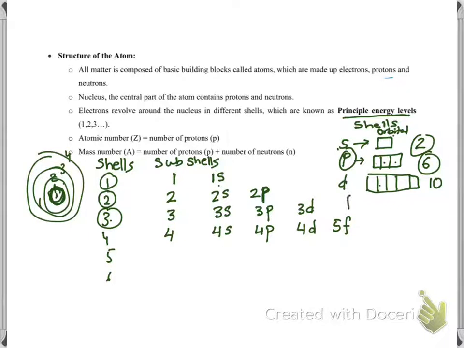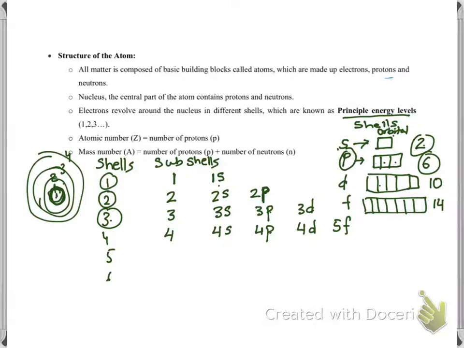And if you see the letter f, then it is 1, 2, 3, 4, 5, 6, 7 orbitals. Each orbital can have 2 electrons, so 7 times 2 is 14. So the point is, in the s subshell you can have a maximum of 2 electrons. In the p subshell you can have a maximum of 6, d can have 10, and f can have 14.